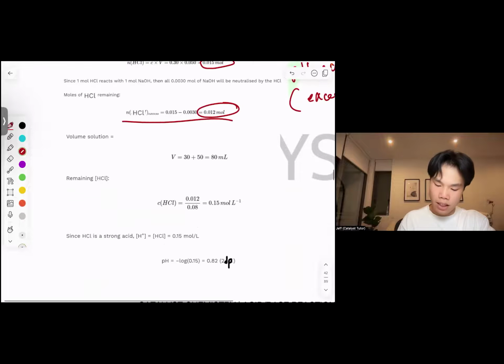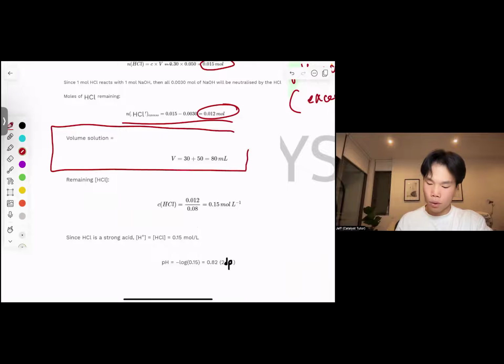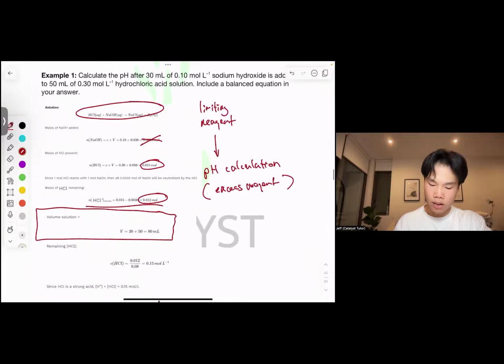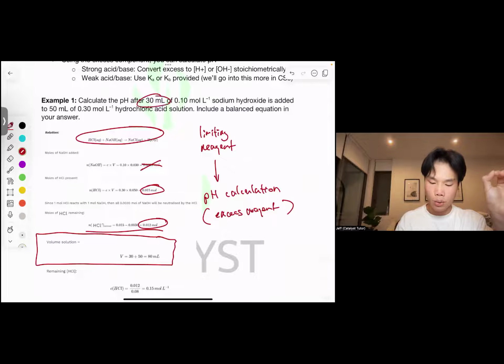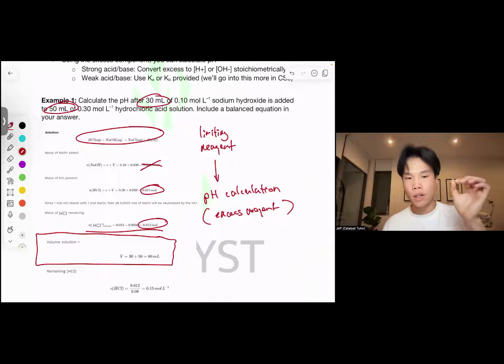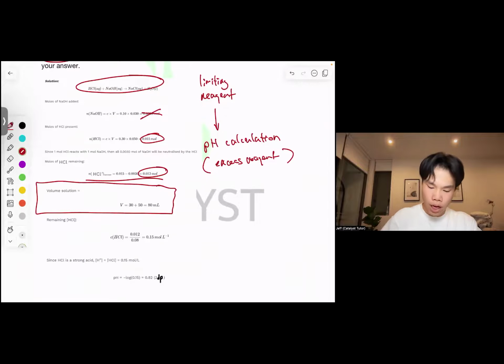And this is that step I was talking about before, the really important one in a neutralization question, where if you're combining two volumes of solution, you need to consider that your final concentration of hydrogen will change based on that. So you have your moles of HCl, you need to calculate a new concentration of HCl because of the new volume.